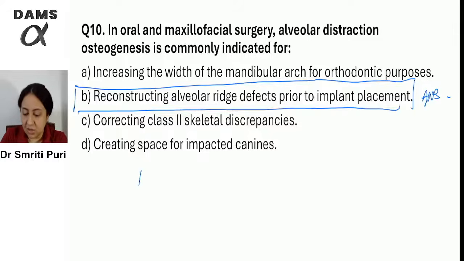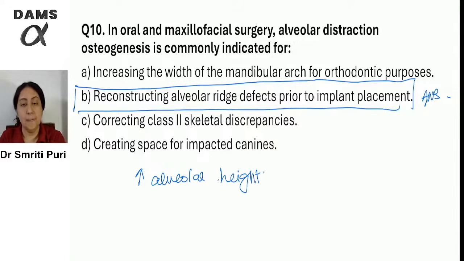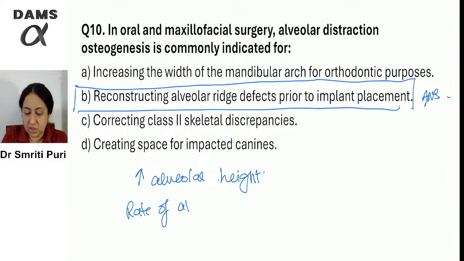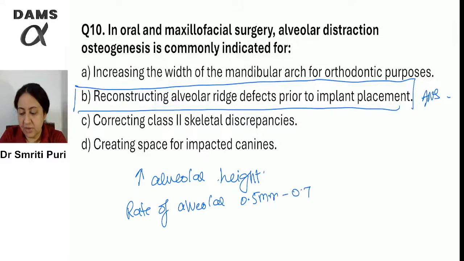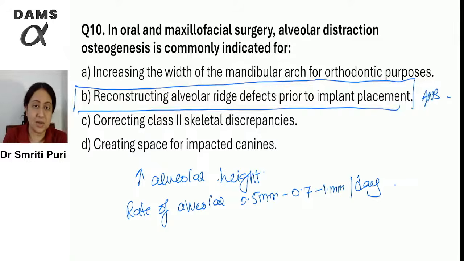Okay, so what does alveolar distraction do? It increases alveolar height, right? And the rate of alveolar distraction is 0.5 mm to 0.7 mm to 1 mm per day, depending on the size of the segment you are distracting. Smaller the size, lesser the rate.